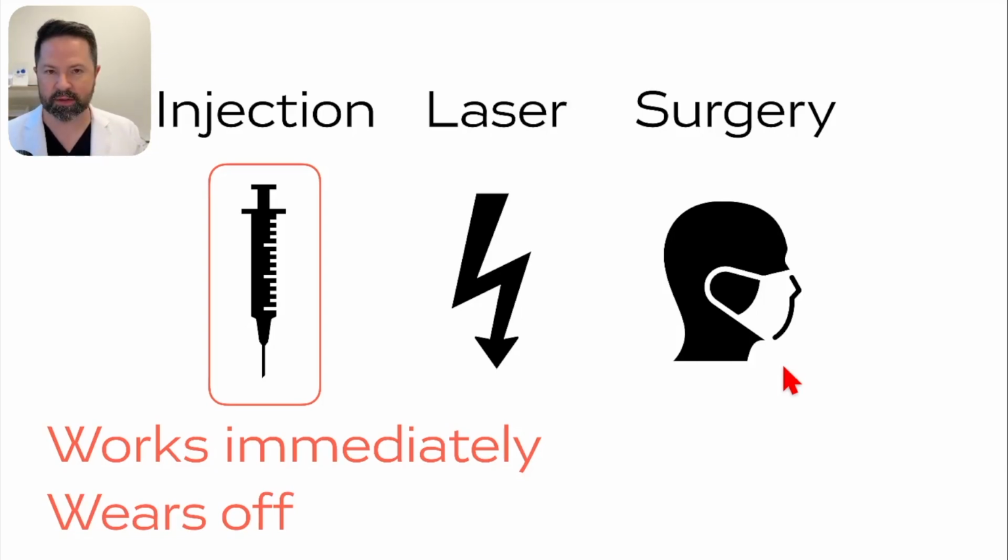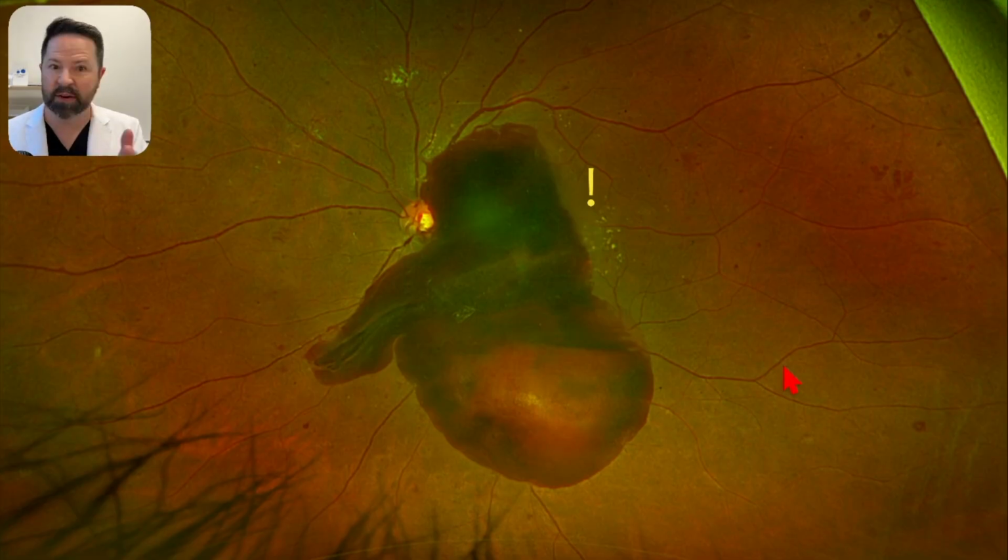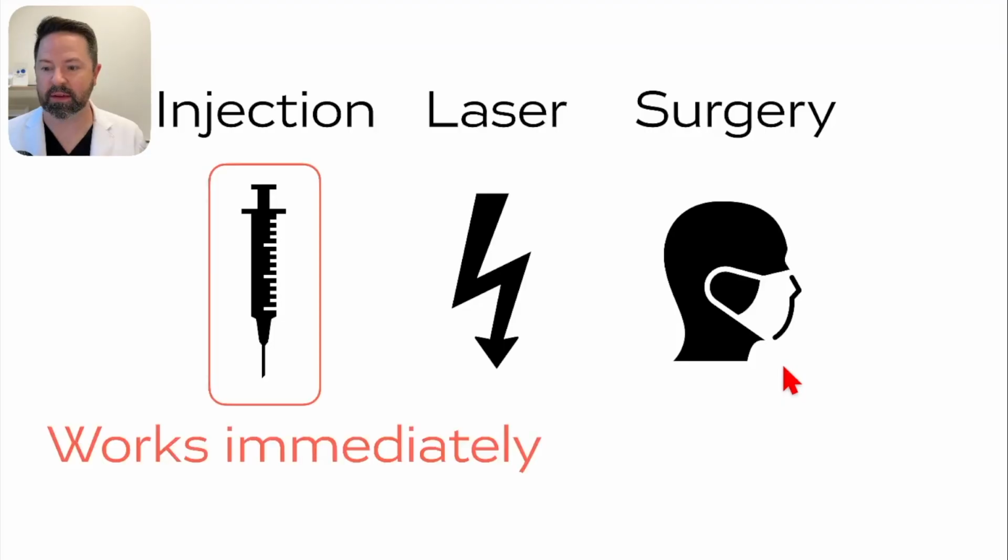If we don't inject the eye, then this crappy blood vessel on the surface of the retina continues to bleed inside of the eye. You look at the eye on the outside, and it looks totally normal. But on the inside, it's filling up with blood, and people see thousands of floaters and shadows and everything like this person. They're not seeing too well. They're just seeing this thing sitting in front of their vision, and they can't look past it.